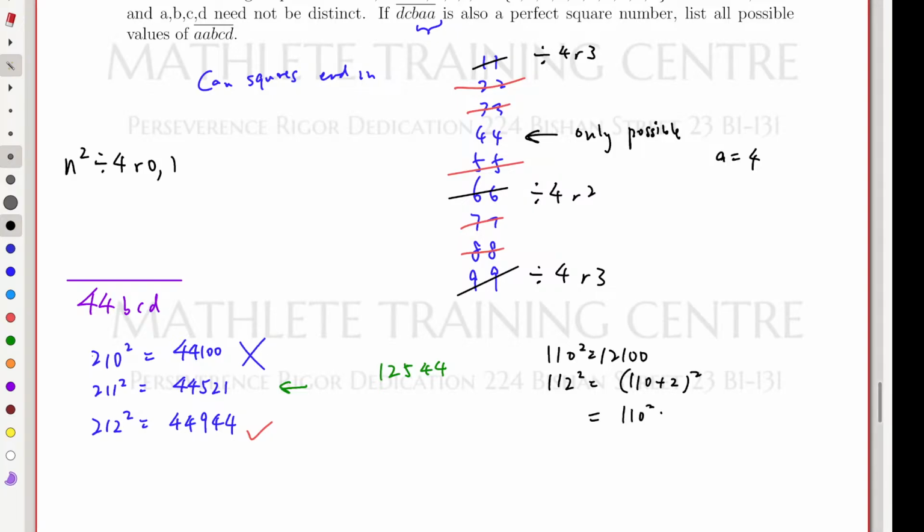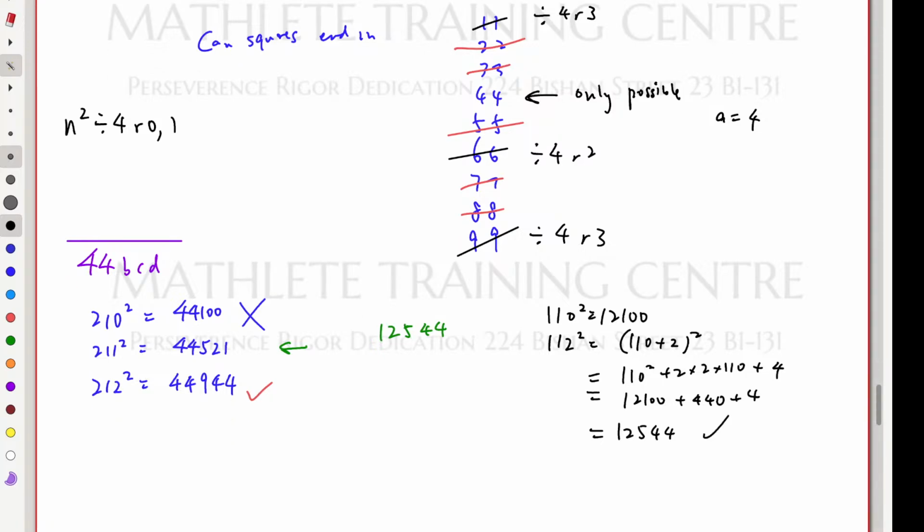So that's 110 squared plus 2 times 2 times 110 plus 4. So this is 12100 plus 440 plus 4, which is 12544. So yes, 12544 is also a square number. So that's it. We're done. The answers are 44521 and 44944. Finish.